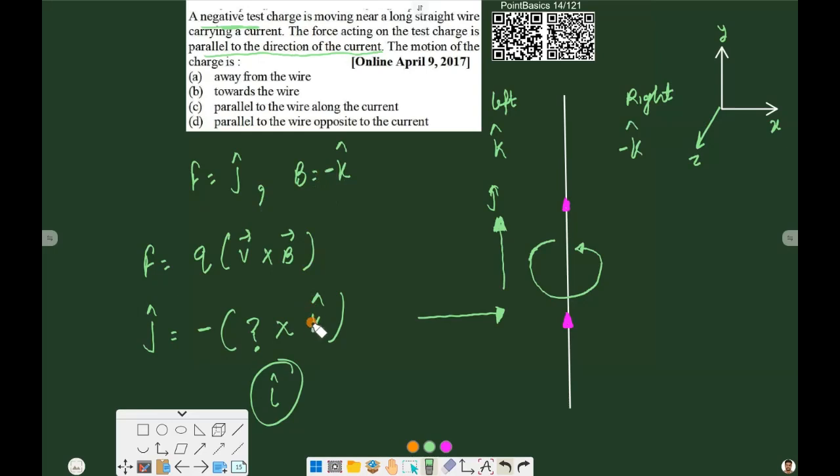So we have to put minus i here, meaning that on the right side the charge will move like this. In both cases the charge is moving towards the wire, not away from the wire. So option B will be the right answer.